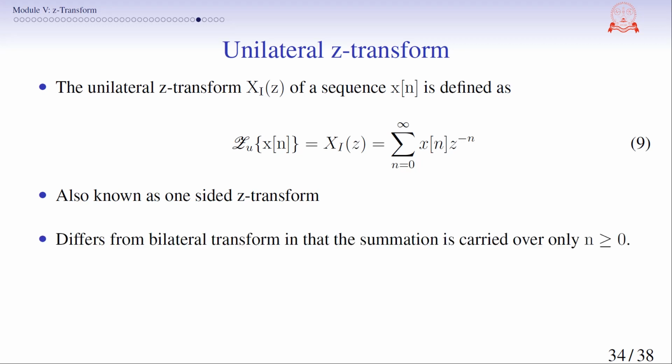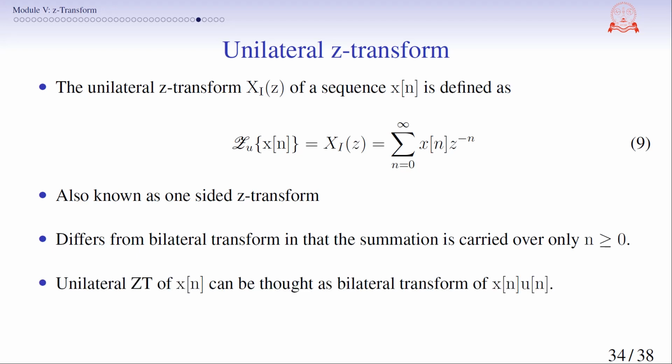There is also another one-sided Z transform, that is, X(z) equal to summation n equal to minus infinity to 0 of x of n into z raised to minus n. This unilateral Z transform differs from the bilateral Z transform in such a way that the summation is carried only for the interval n greater than or equal to 0 or for n less than or equal to 0.